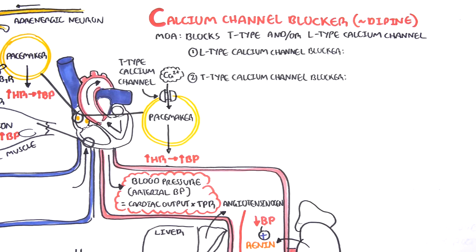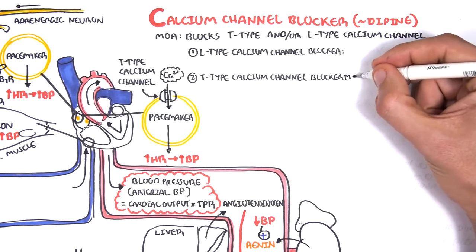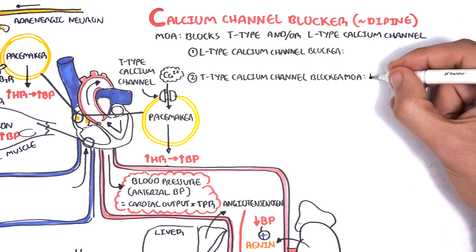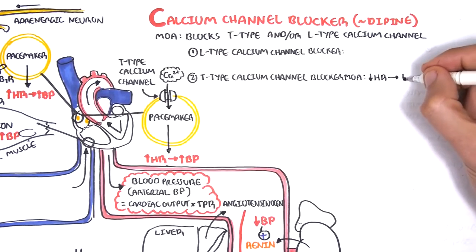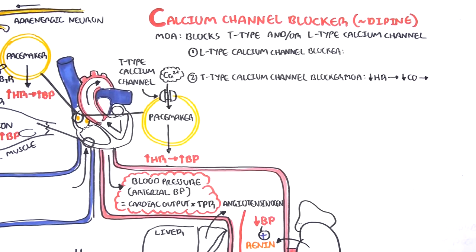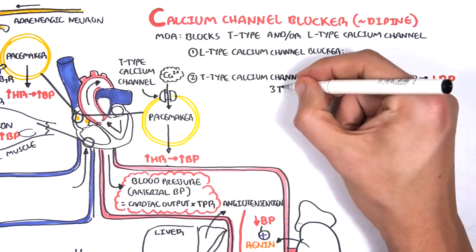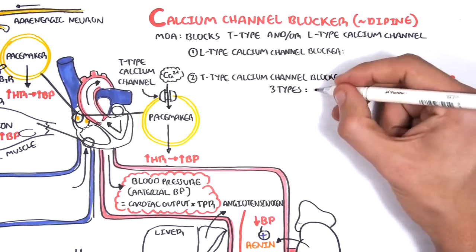And so by using T-type calcium channel blockers, it will block calcium activity and thus decrease heart rate, decreasing cardiac output, and then decreasing blood pressure. This might get confusing, but there are three types of T-type calcium channel blockers.